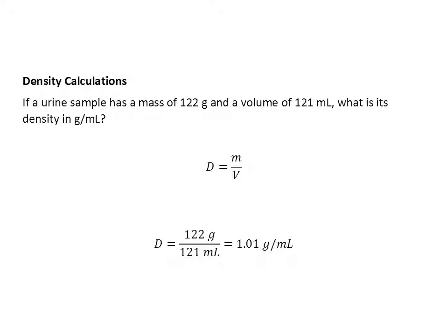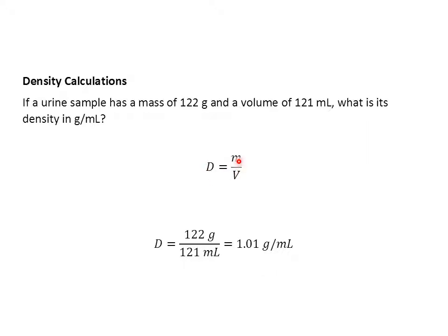So in this first problem, if a urine sample has a mass of 122 grams and a volume of 121 milliliters, what is its density in grams per milliliter? Well, let's remember our math equation for density, where D = M/V.